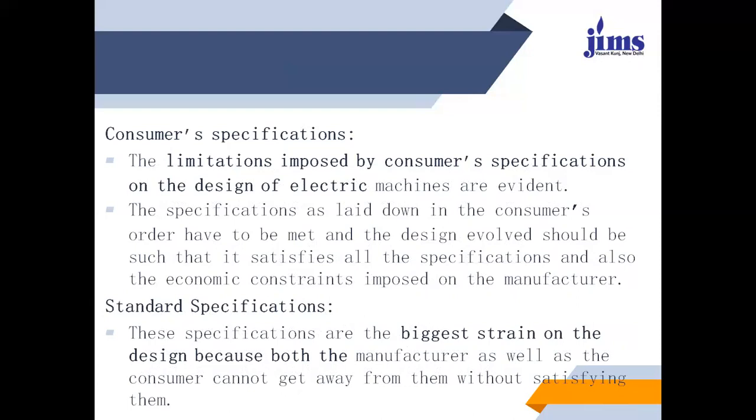The limitations imposed by the consumer's specifications on the design of electrical machines are evident. The specifications laid down in the consumer's order have to be met, and the design evolved should satisfy all the specifications and also the economic constraints imposed on the manufacturer.